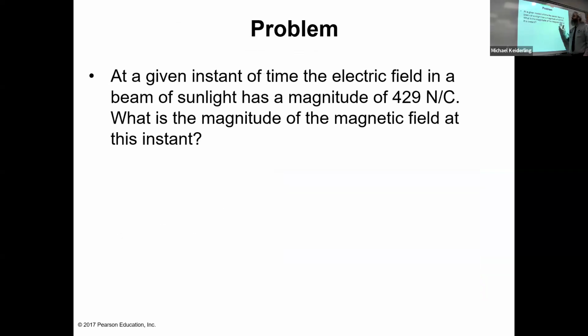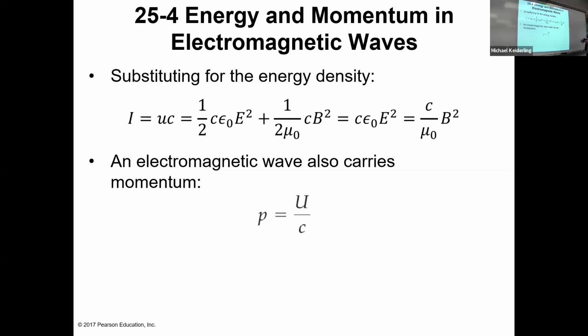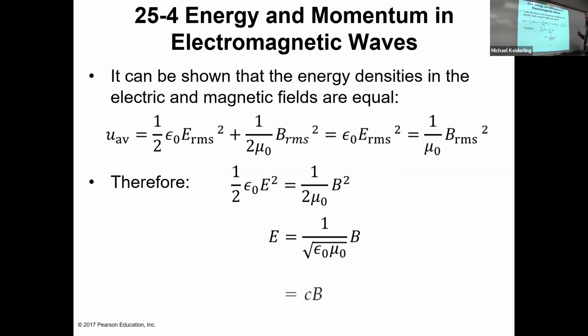So at a given instant of time, the electric field in a beam of sunlight has a magnitude of 429 newtons per coulomb. So let's get some of these formulas down.